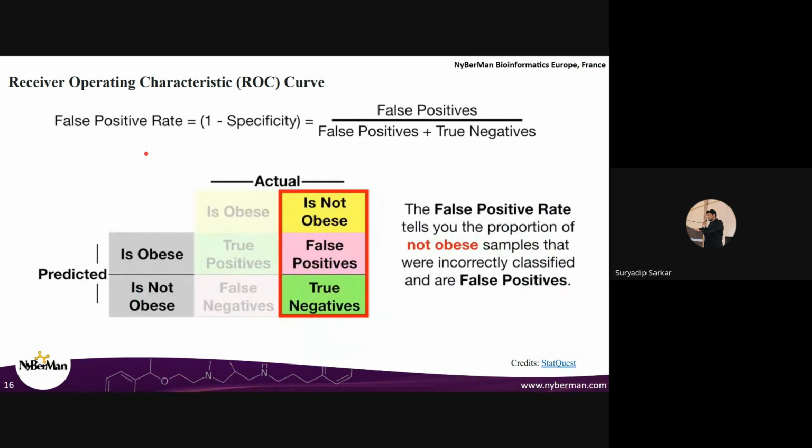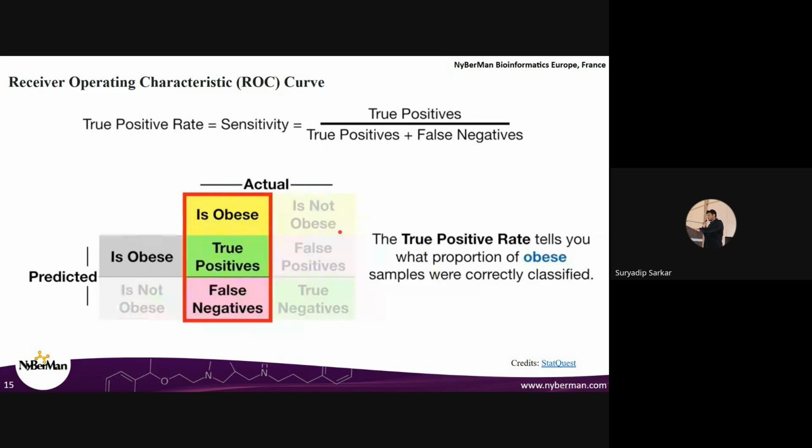The false positive rate, or 1 minus specificity, is given by the number of false positives divided by false positives plus true negatives, right? So it tells us what proportion of the not obese people were incorrectly classified.